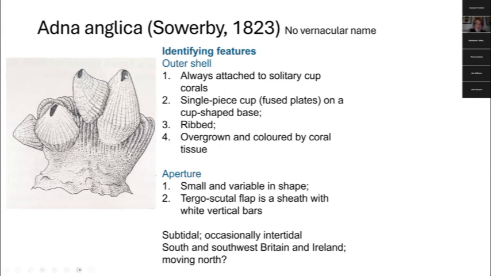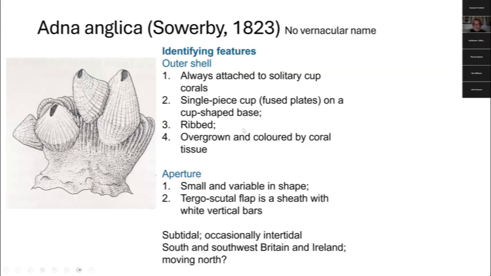The barnacle itself is a single unit. All the plates in it are fused, unlike the other barnacles. And in addition, it sits on a cup-shaped circular base, as you can see here. It can be slightly ribbed.